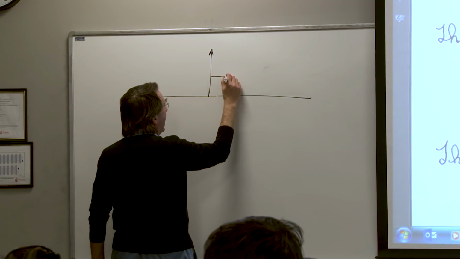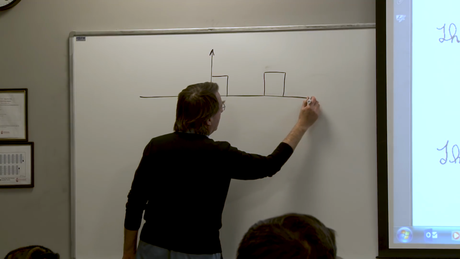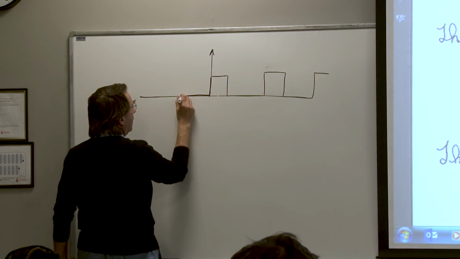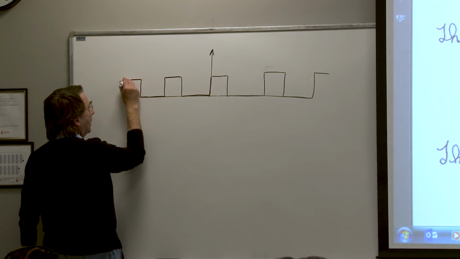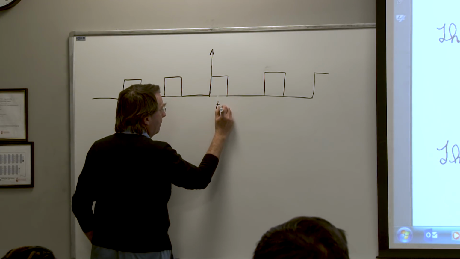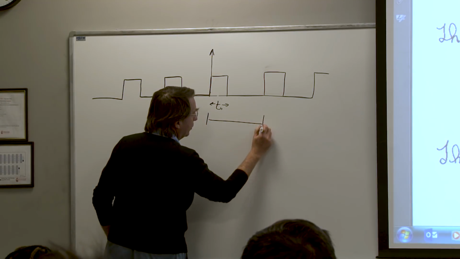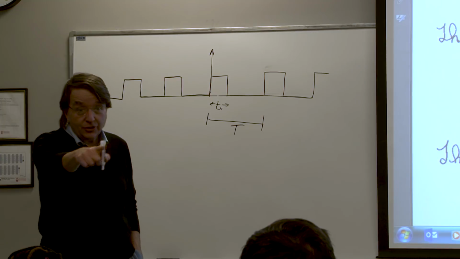You might remember we had this periodic signal. The width here might be T1 of the pulse. And then here is the period capital T. Now, the Fourier series gets us this.